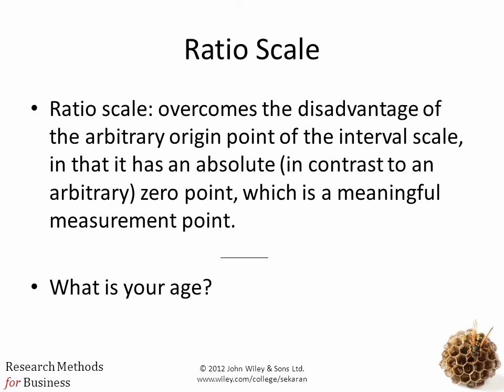That is the point of absence of measurement. In this ratio scale, this is present. That is, the absolute 0 point is present in the ratio scale. The salient feature of the ratio scale is that the ratio of any two numbers is independent of the unit of measurement, and therefore it can be equated.